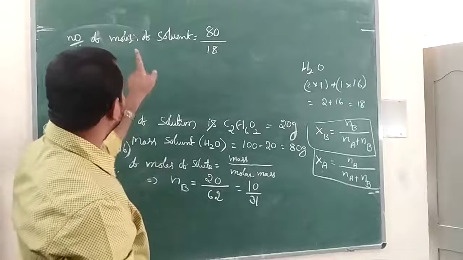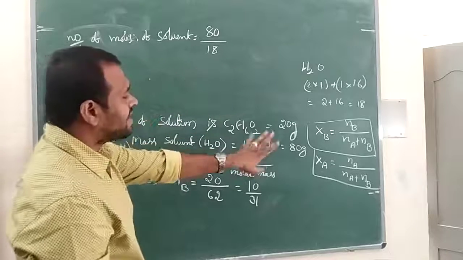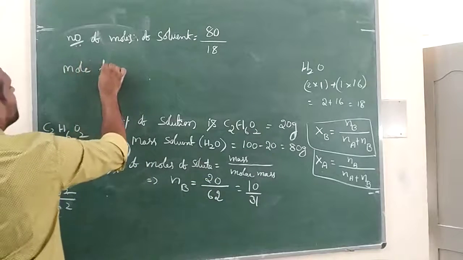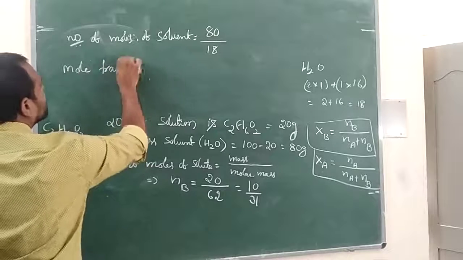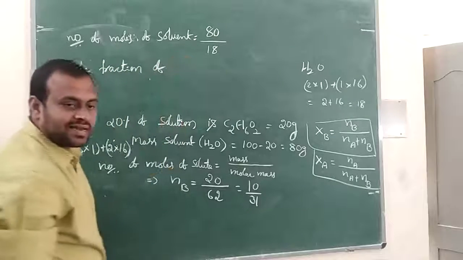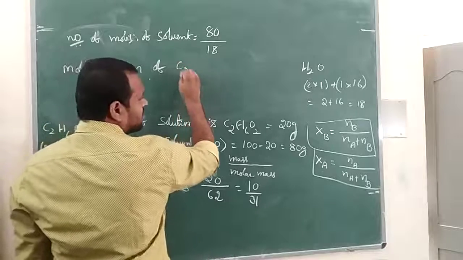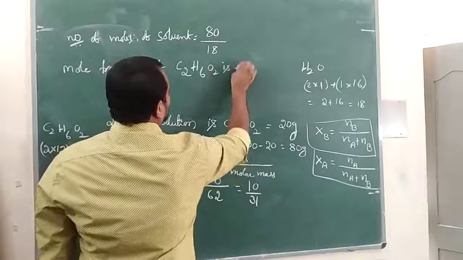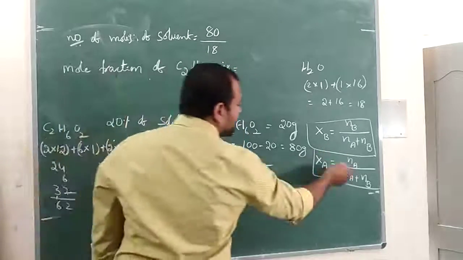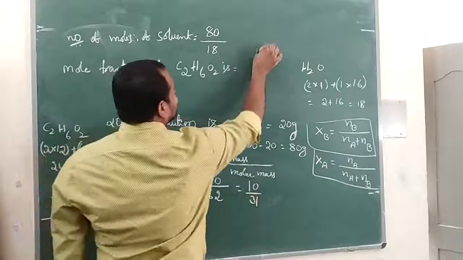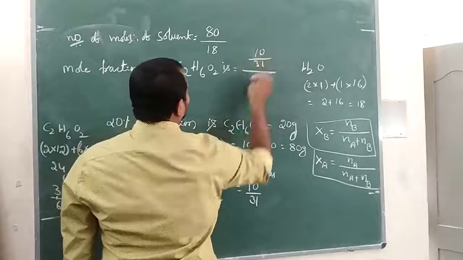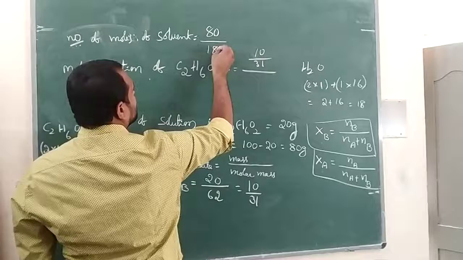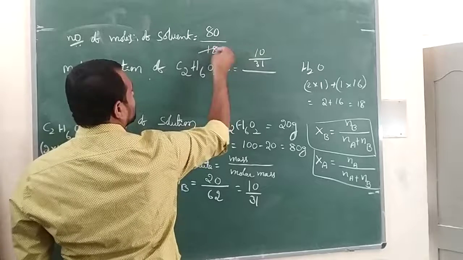Now we got the number of moles of solute, we got the number of moles of solvent. Directly substitute in the formula. Mole fraction of ethylene glycol, that is C2H6O2, is equal to the number of moles of solute, that is 10 by 31, divided by 40 by 9 plus 10 by 31.